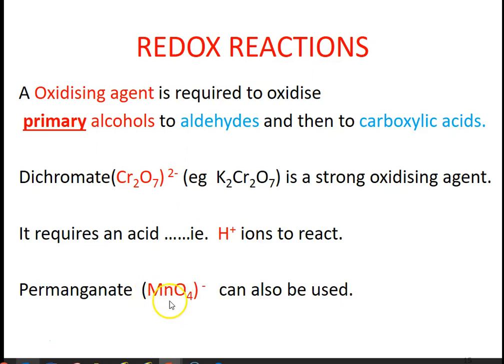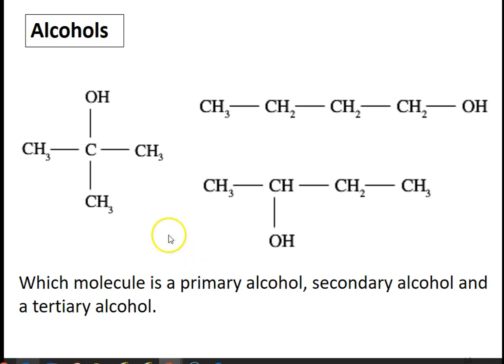You can also use the oxidizing agent manganate. So this one I remember Cr2O7 2-. This one's MnO4 1-. So in order to have a carboxylic acid on the end, we need a primary alcohol. So this is a primary alcohol.